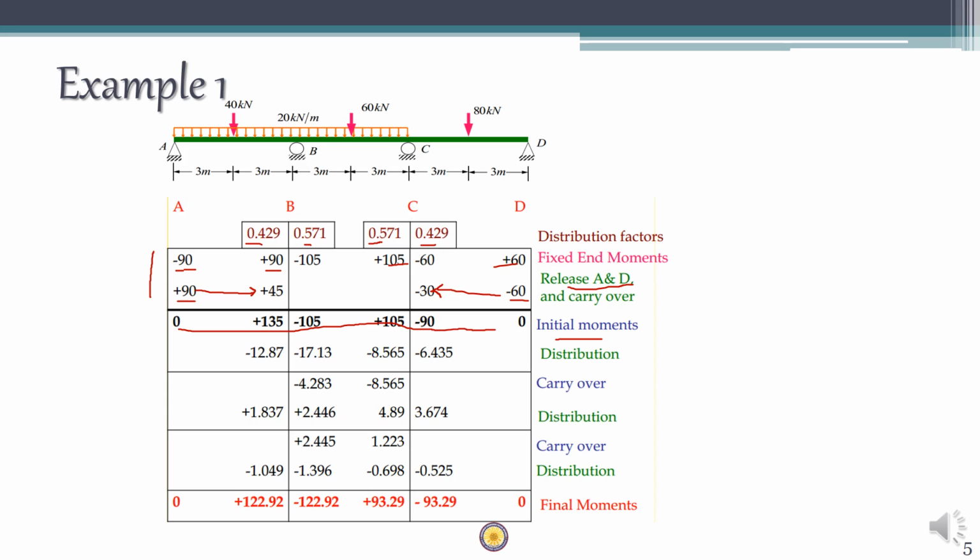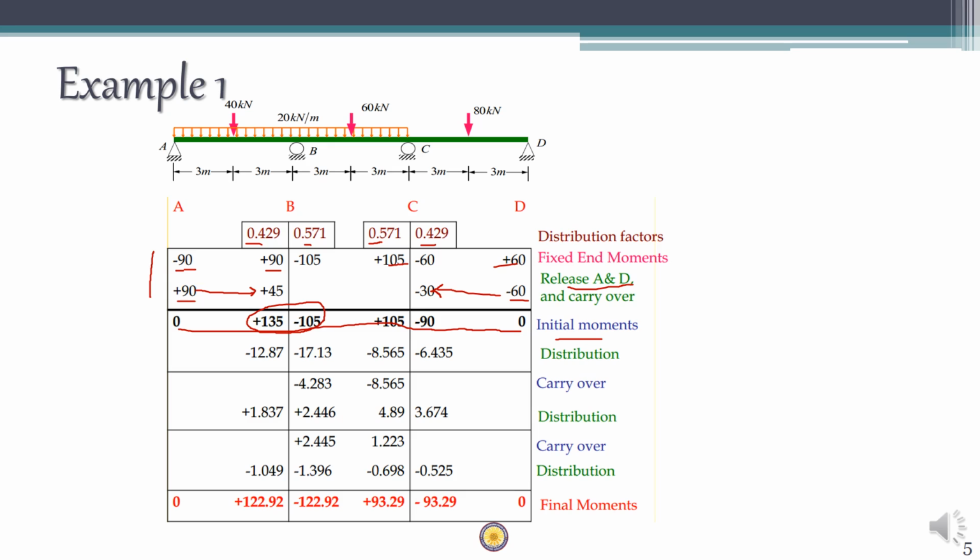Next, you have to do the distribution. You can see that at simple ends the values of moments are 0, which means there is no requirement of distribution at these simple ends. However, at this point we have an unbalanced moment of plus 30.